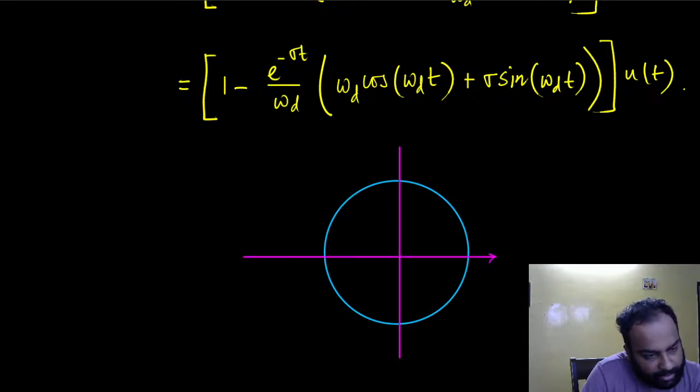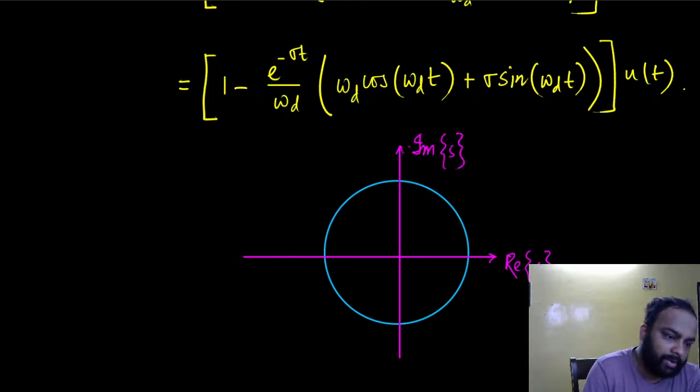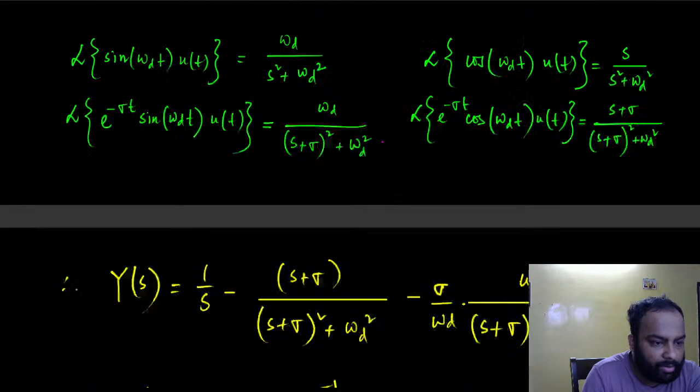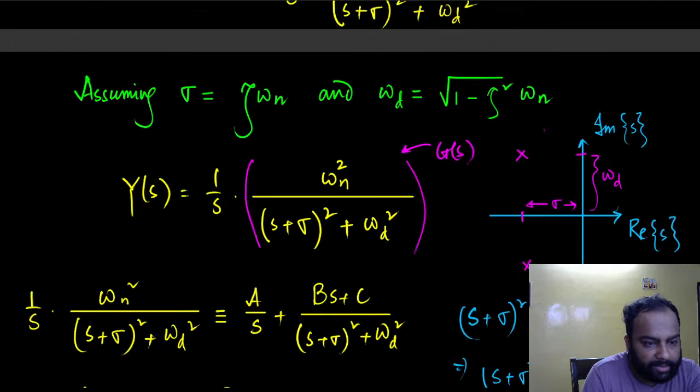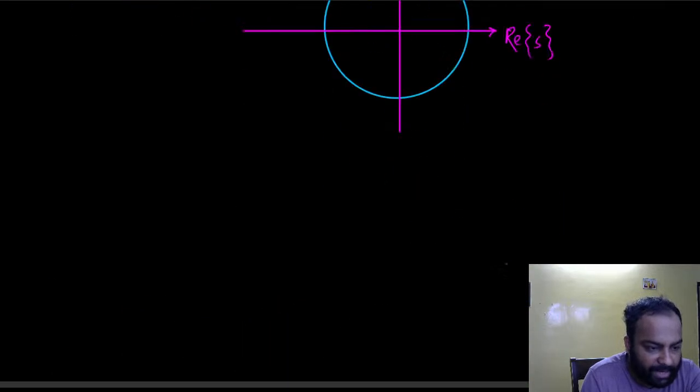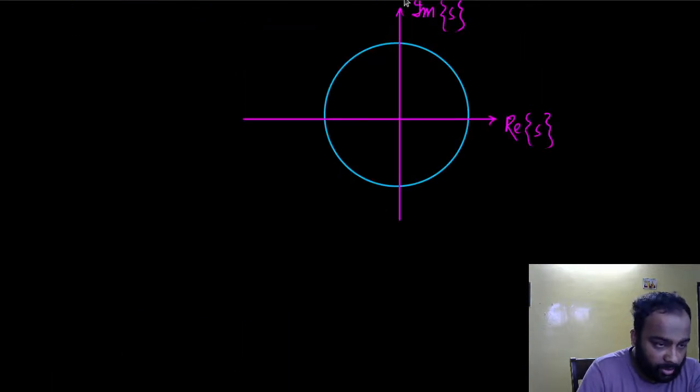Again, this is the real part of S, and this is the imaginary part of S. I said that the poles for this one would be located at these. If I simplify this, it's going to be minus sigma plus minus j omega d. So look very carefully.